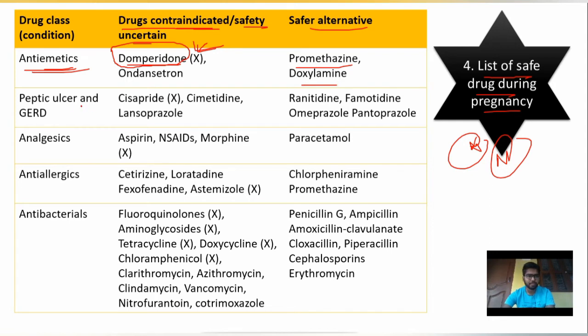Then coming to peptic ulcer and GERD, contraindicated is cisapride, and the safer alternatives are ranitidine, famotidine, omeprazole, pantoprazole, all these. Then coming to analgesics, morphine is contraindicated during pregnancy, and NSAIDs and aspirin should be avoided during pregnancy.